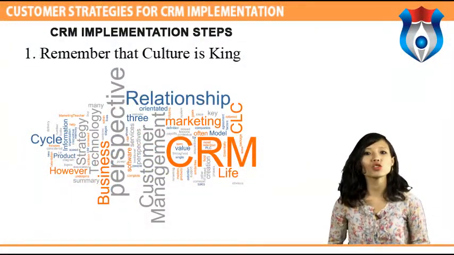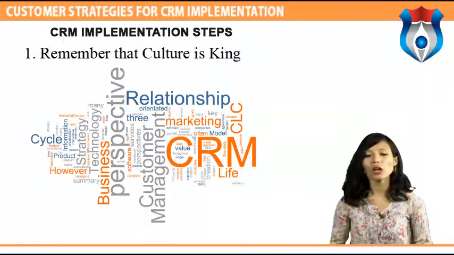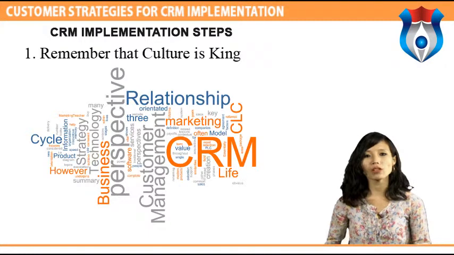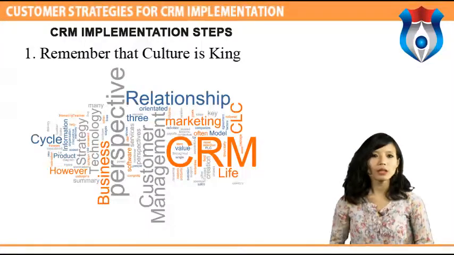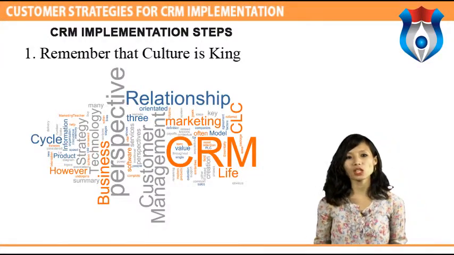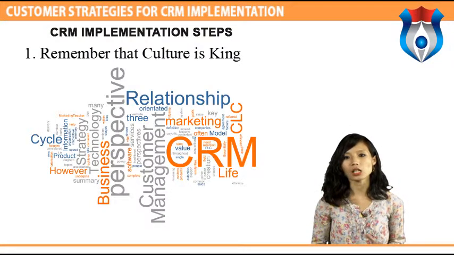A CRM solution is more than a new software package. It also encompasses a mindset, a way of doing business, and a way of interacting with others in the firm. The success of a CRM implementation rests on the shoulders of a workforce that is willing to share information about clients and contacts. However, this collaborative mentality fails in the face of the culture within some professional services firms.